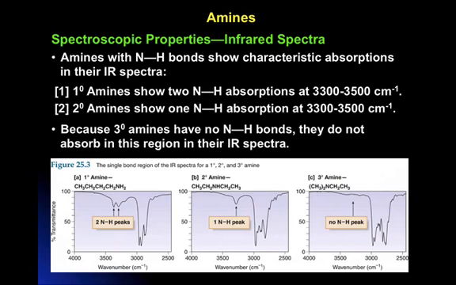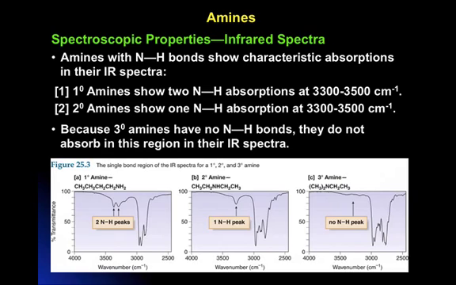I can imagine those 2 bonds stretching at the same time in the same direction, or I can imagine one coming in and one going out. So an asymmetric stretch and a symmetric stretch. And that's why I see 2 NH vibrations for a primary amine, because I can have a symmetric stretch, or I can have an anti-symmetric stretch, and those occur at different frequencies.